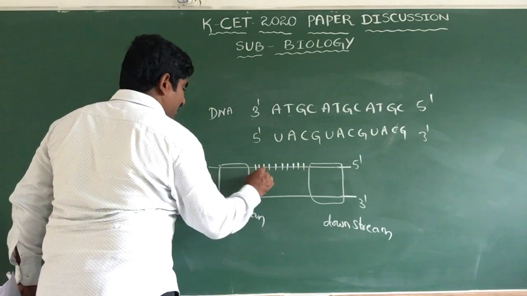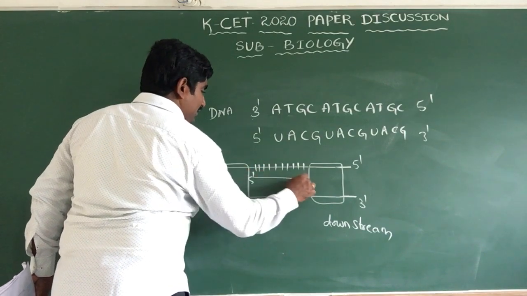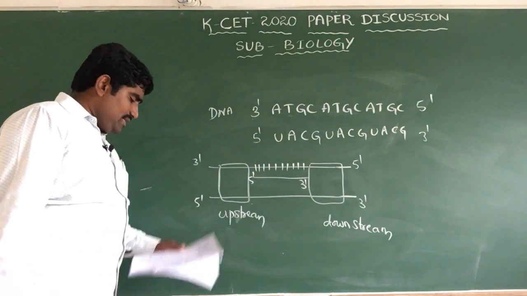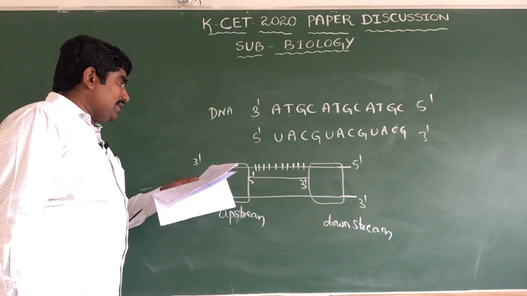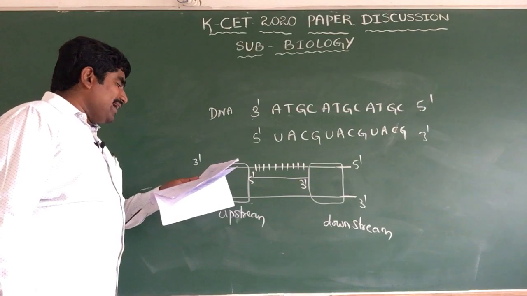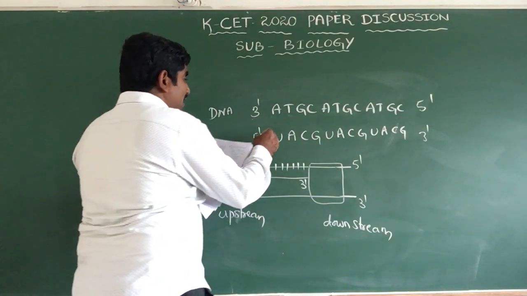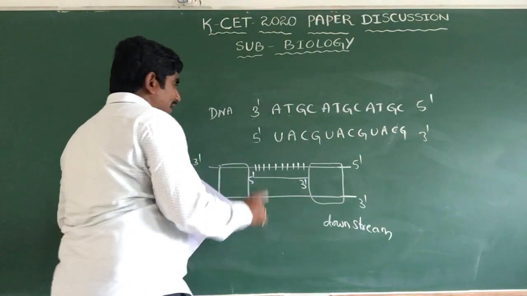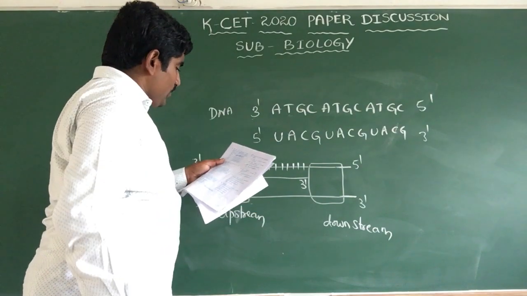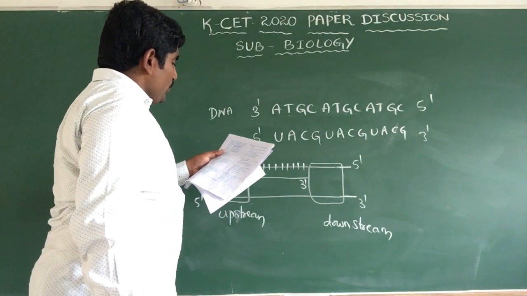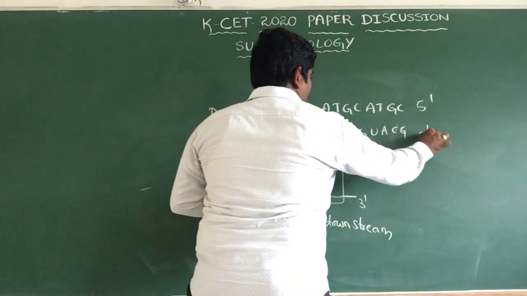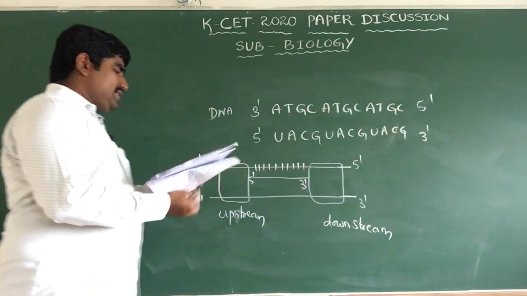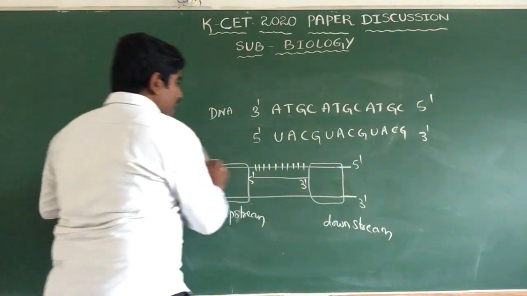So 5' to 3' is the answer. So the 13th answer is B. Now it should be 5' to 3' UACG. That is the answer, right? Clear or no?